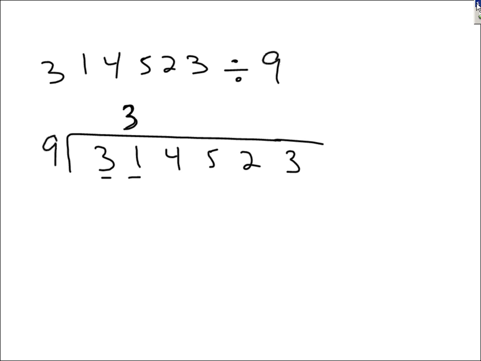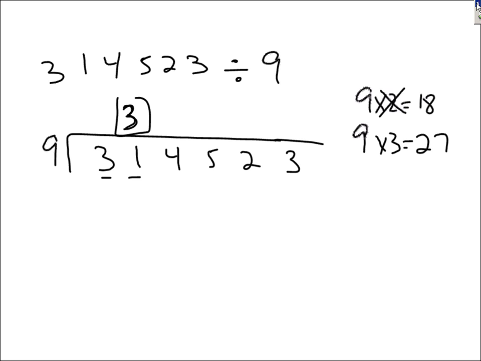I want the largest thing I can multiply 9 by and get less than 31. 9 times 2 is less than 31, and 9 times 3 is a bigger number, which is still less than 31. So it's definitely not going to be 2 that I write on the top here.